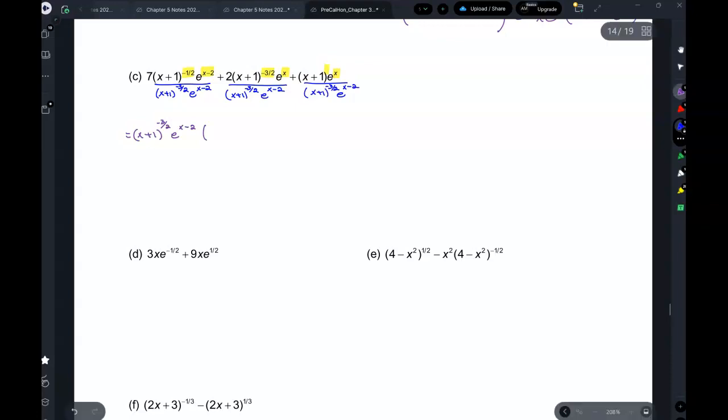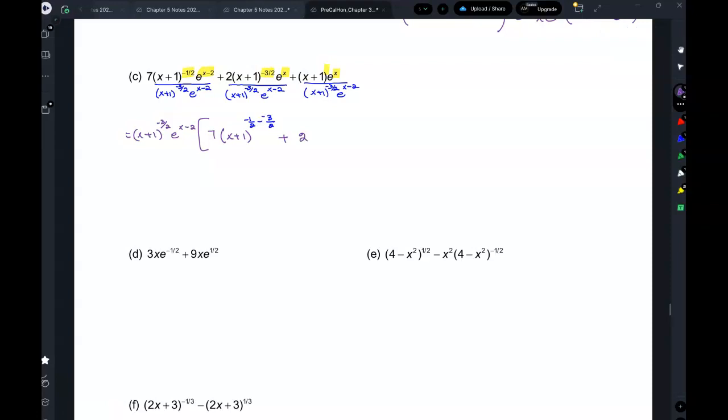All right, so here, I have a 7. You know what, I'm going to do a bracket here. X plus 1 to the power of negative a half minus 3 over 2. E to the x minus 2's go away. Plus, I have a 2.